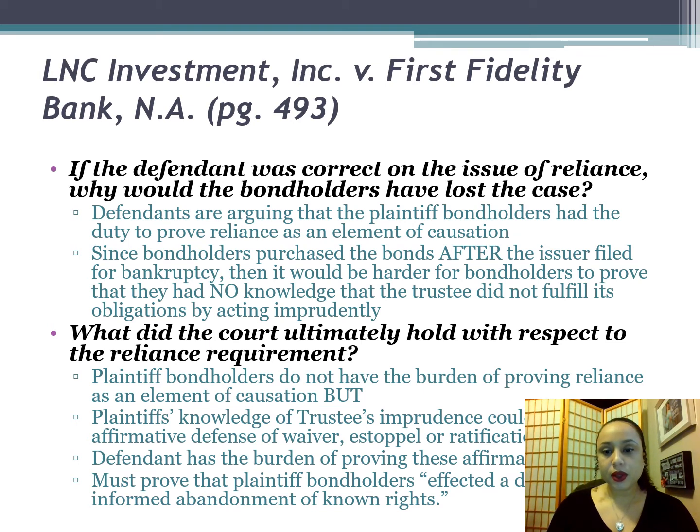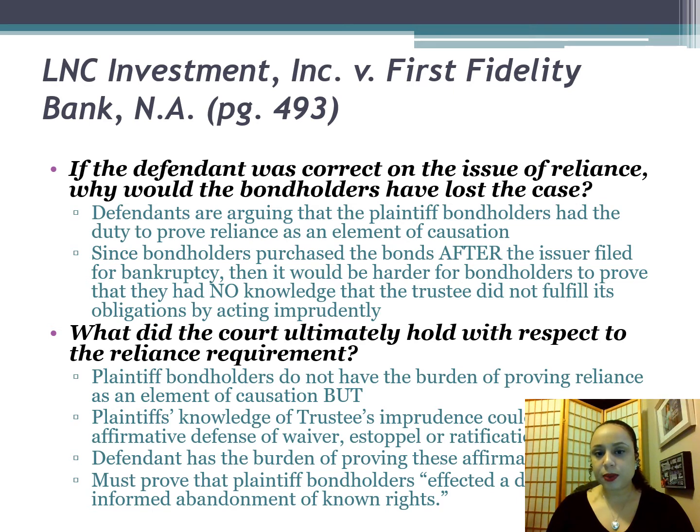And so how does this all relate to this reliance requirement? So if our defendant was correct on the issue of reliance, why would the bondholders have lost the case? Well, the defendants are arguing that the plaintiff bondholders actually had the duty to prove reliance as an element of causation.